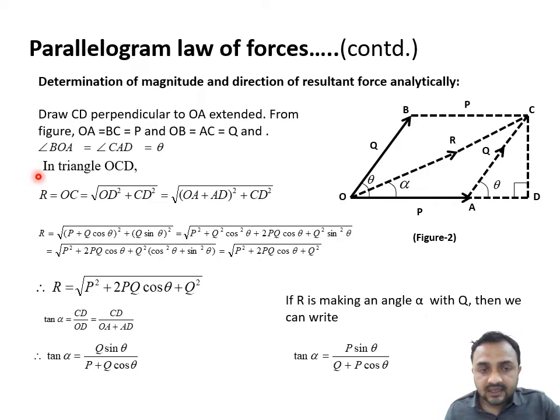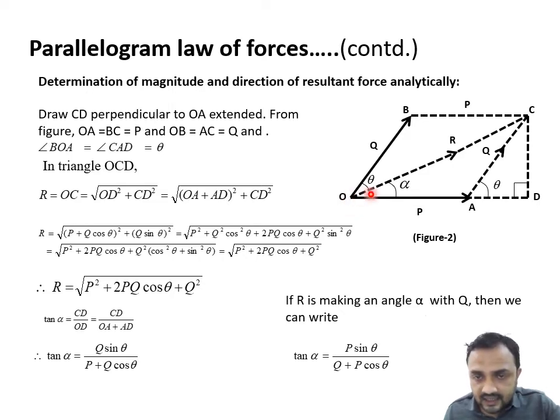Let us consider triangle OCD. In triangle OCD, which is a right angle triangle, we apply the Pythagoras theorem: h square equals p square plus b square.